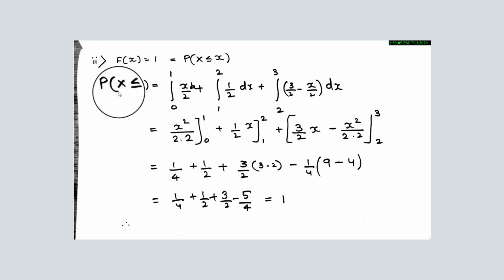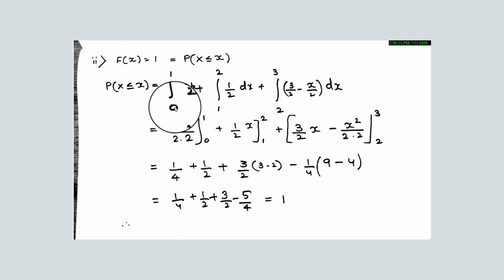Over here he is saying to find this particular thing, the cumulative distribution function, which can be written as P of capital X less than x, which is equal to F of x.